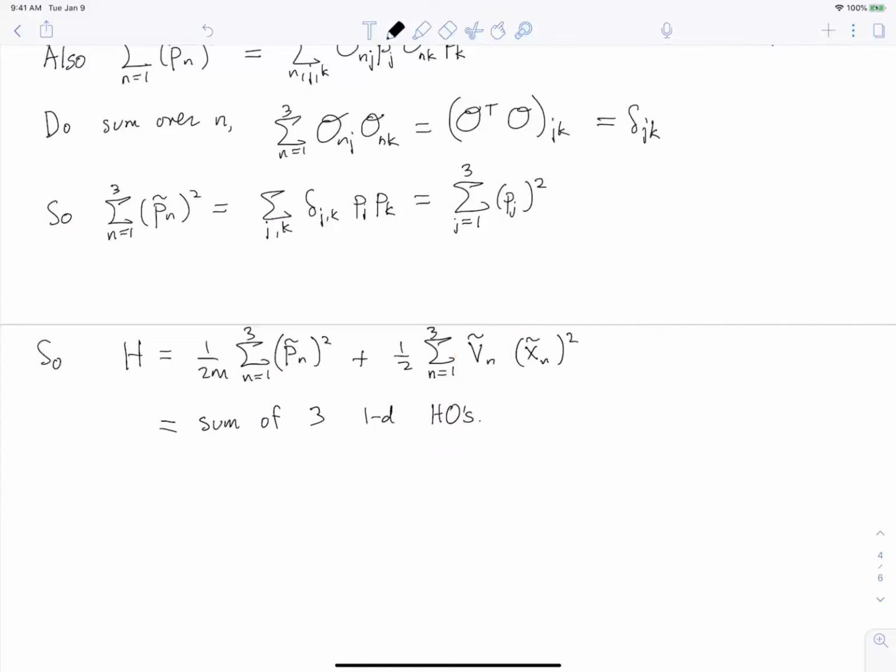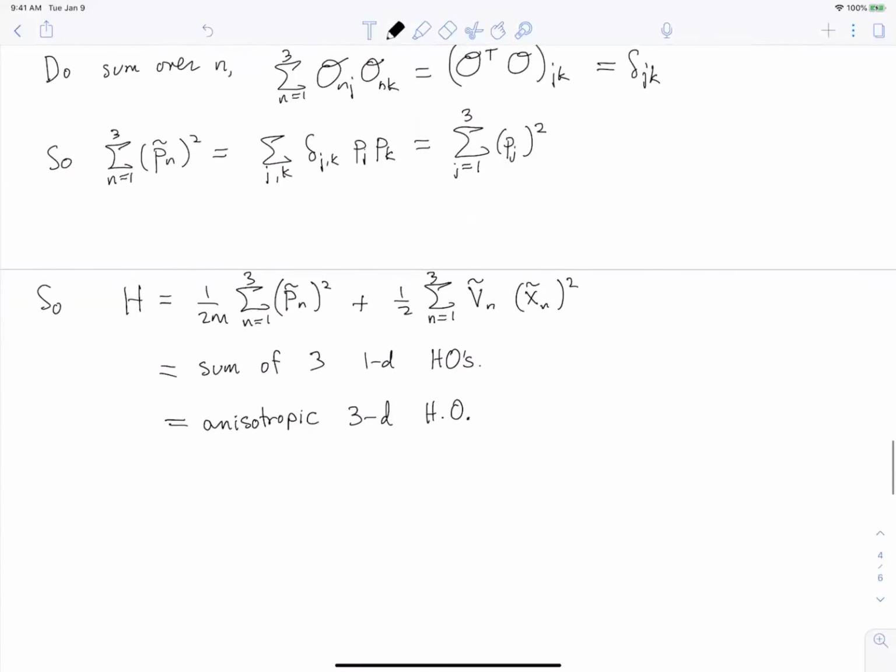And so this is called, in general, the anisotropic, meaning not isotropic, 3D harmonic oscillator. But it's equivalent to 3 one-dimensional harmonic oscillators. Okay, and then there's this great quote from Sidney Coleman, who said, "The career of a young physicist consists of treating the harmonic oscillator over and over again in ever-increasing levels of abstraction."